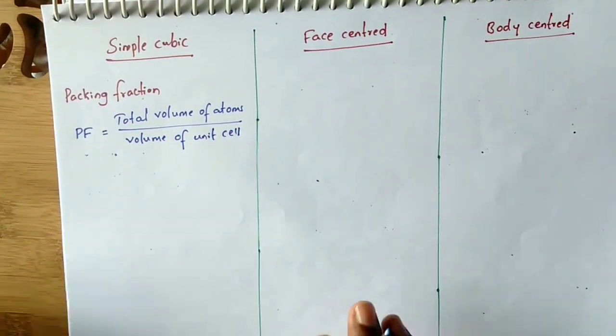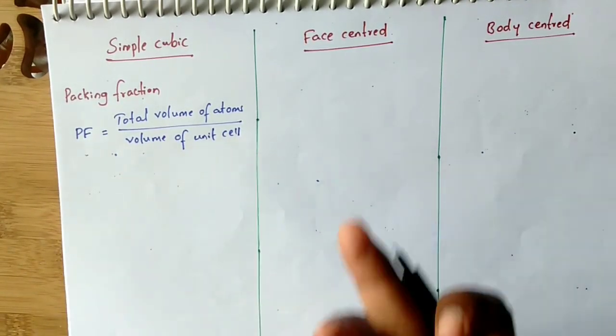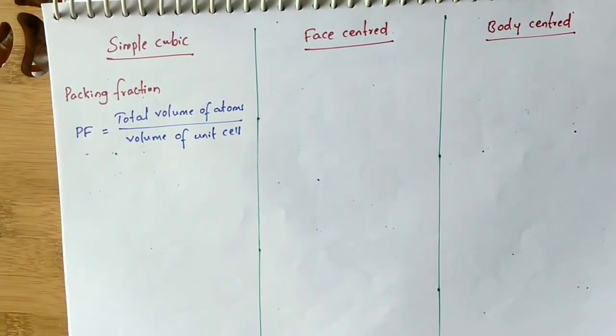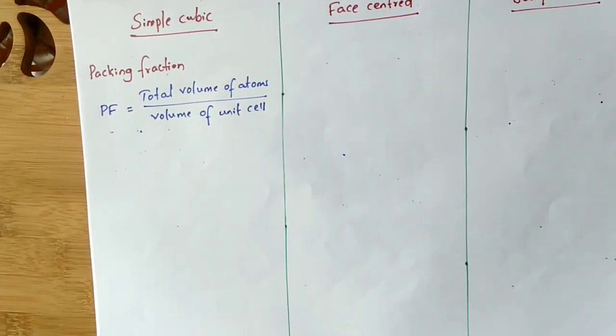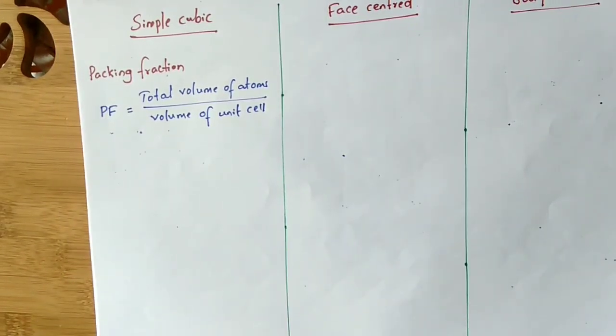This volume of unit cell, we know it is always a cube because it is for cubic, right? So let's find the packing fraction for simple cubic first. What is total volume of atoms?